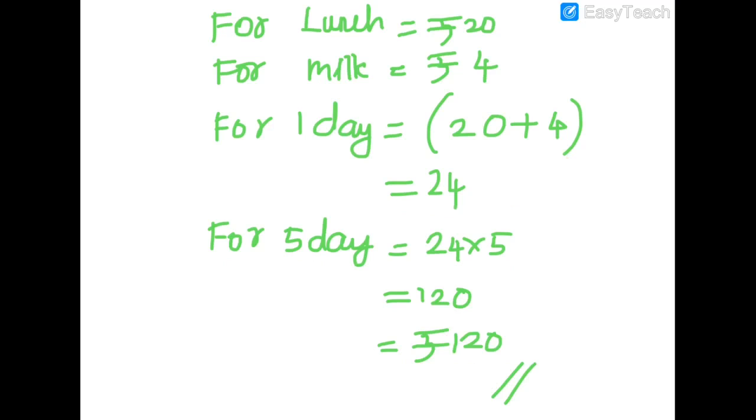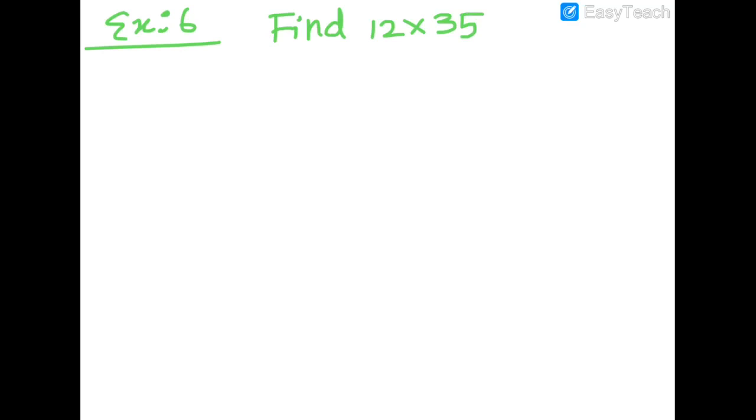So the next one is example 6. What did they mention here? Find 12 into 35 using the distributive property.